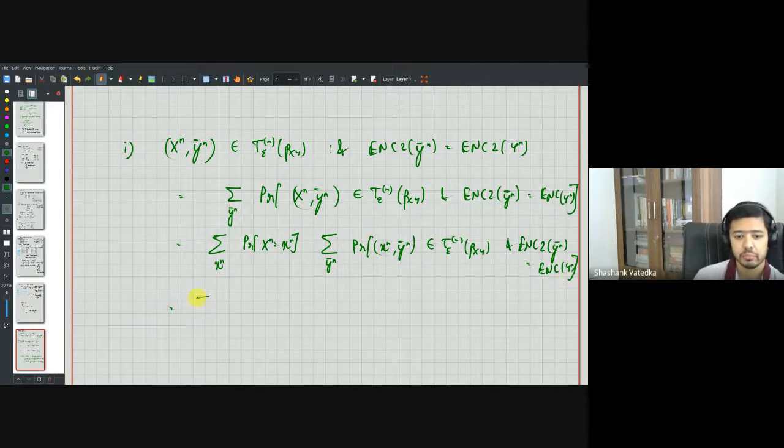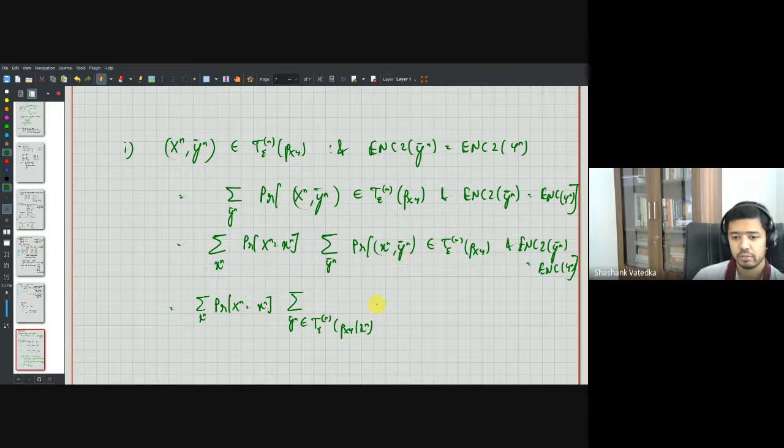Right? But what is this? So this is the same as saying, for a fixed xn, we're interested in all yn bars which are jointly typical with respect to one particular xn. So basically we are only interested in those yn bars which are in the conditional typical set of Pxy given xn.